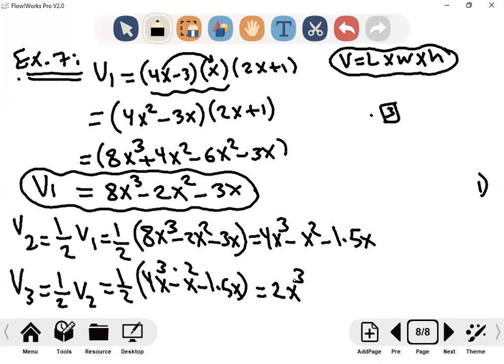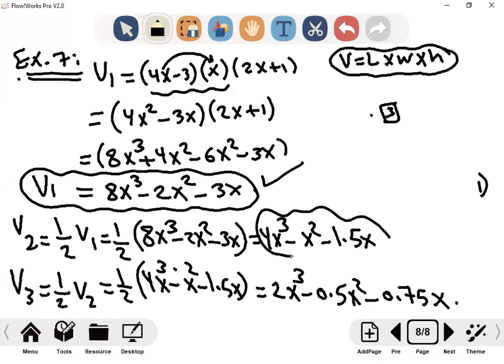Half of negative 1 is negative 0.5 x power 2. Half of 1.5x is 0.75, negative 0.75x. So I have volume 1, I have volume 2, and I have volume 3.